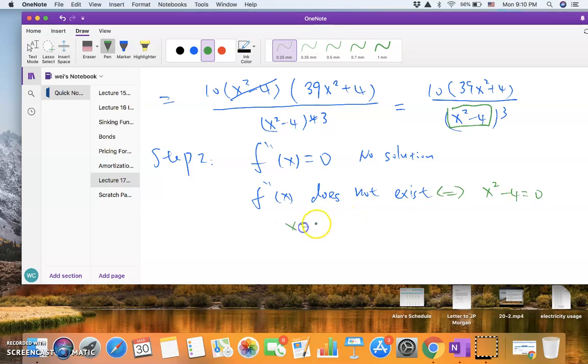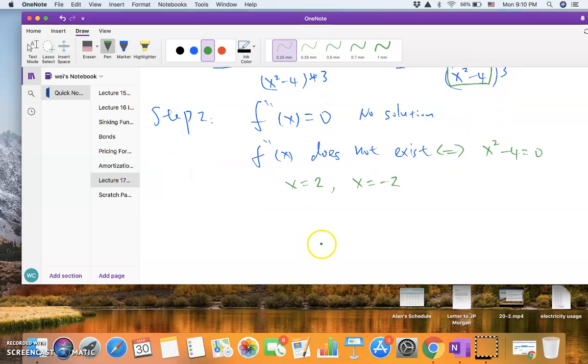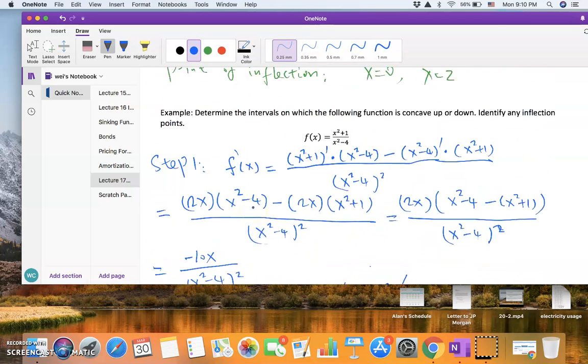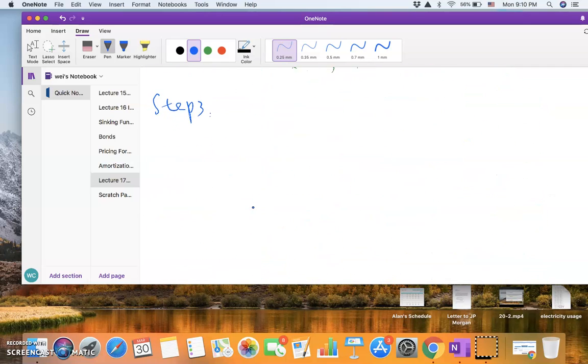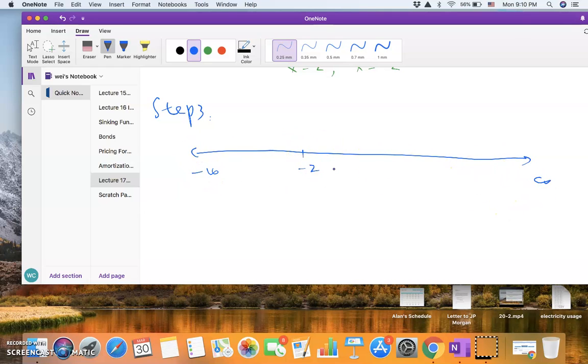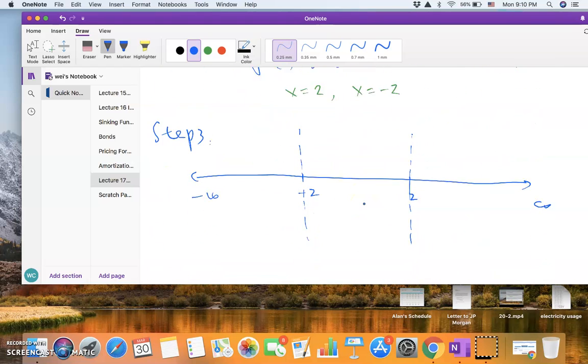So we found two solutions. One is positive 2, one is negative 2. Okay. Now then, we can divide the number line by using these two numbers, negative 2 and positive 2.